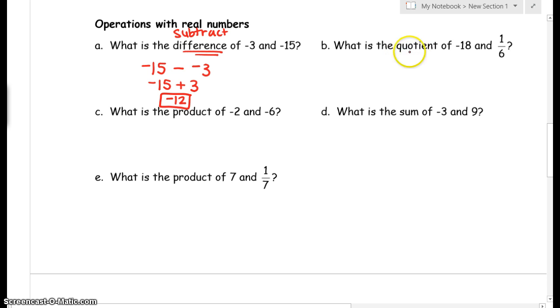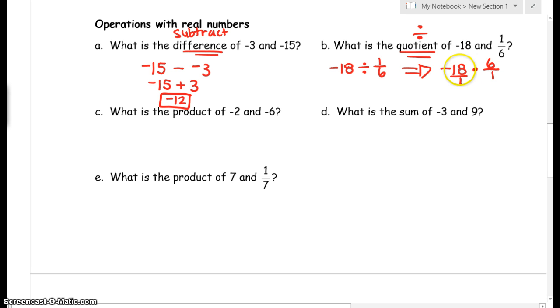All right, quotient means division. So we're going to go ahead and divide negative 18 divided by 1/6. We usually don't divide in math. What we do instead is multiply by the reciprocal of the second value. So we're going to do 6 over 1. And since 6 over 1 is a fraction, I'm going to put negative 18 over 1 as well.